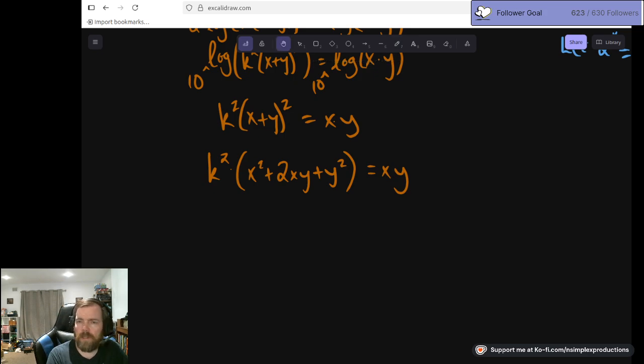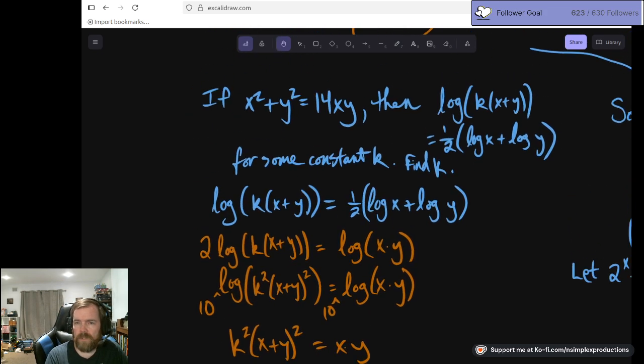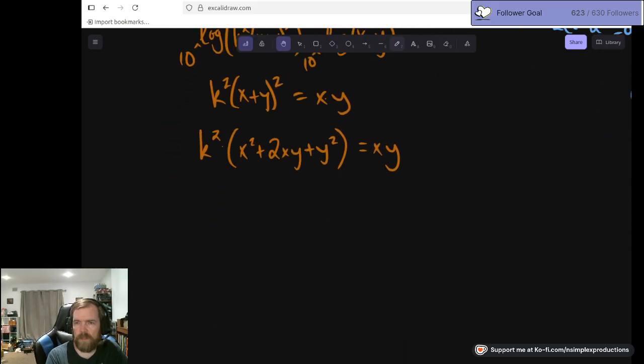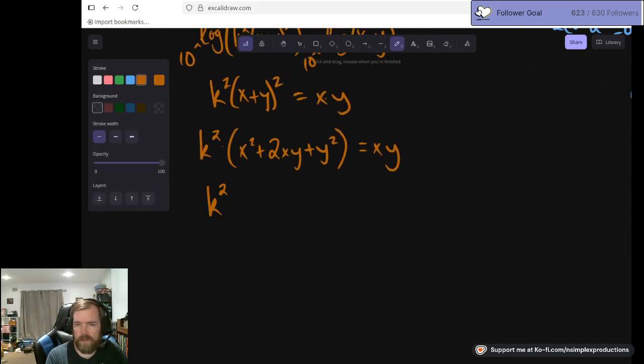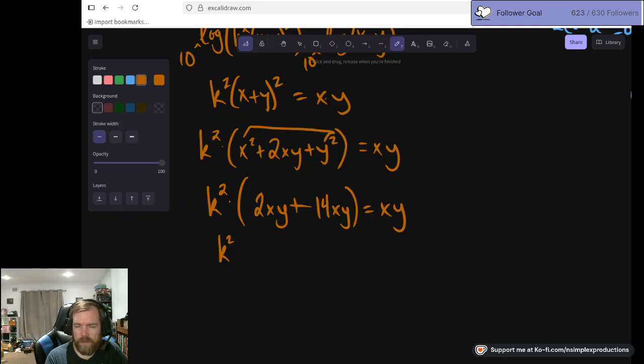We did say up top x squared plus y squared was 14xy. So this is going to be k squared times 2xy plus x squared plus y squared, which is 14xy, is equal to xy from that side. So k squared times 16xy is equal to xy. Divide by xy, provided neither of them is 0.